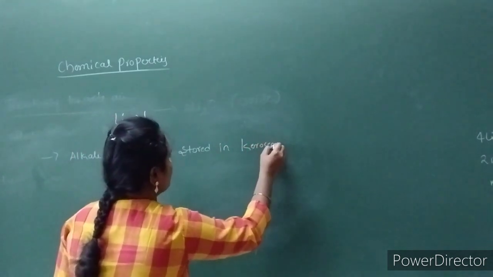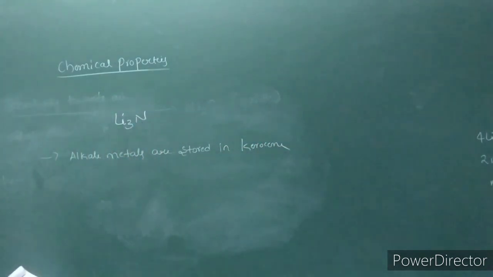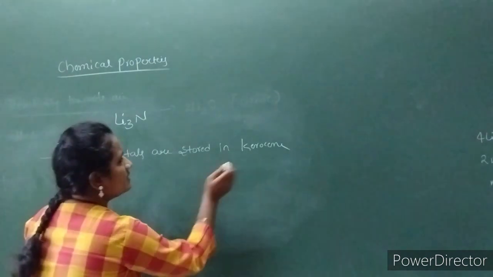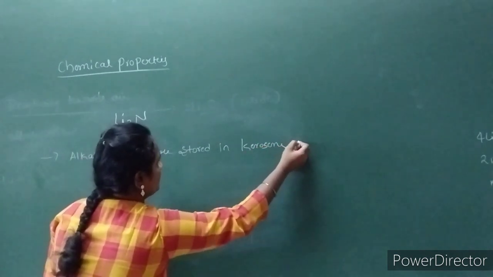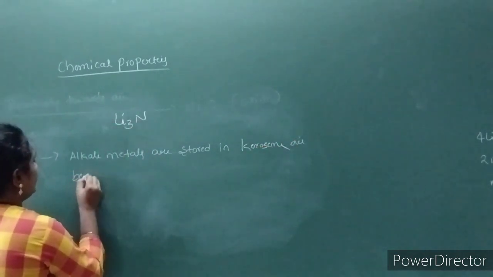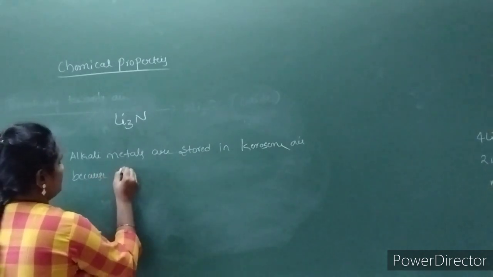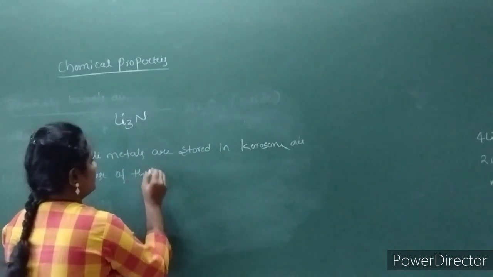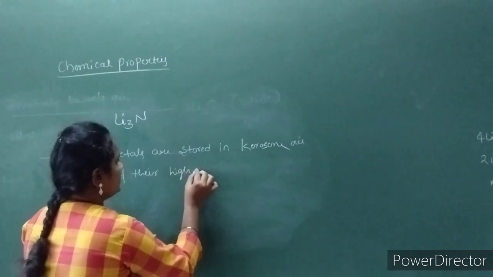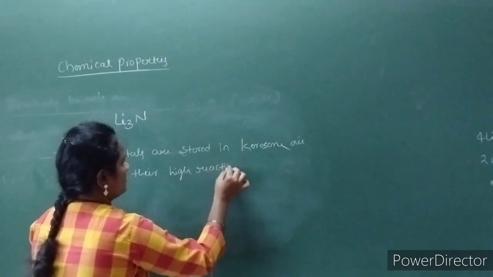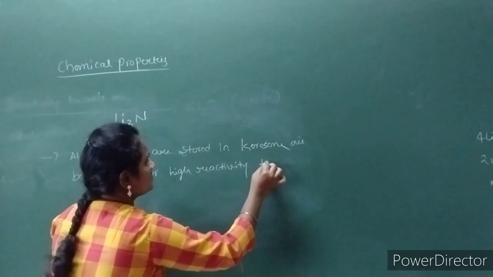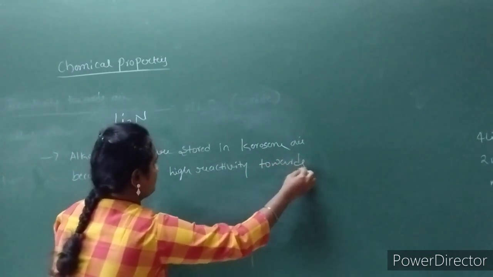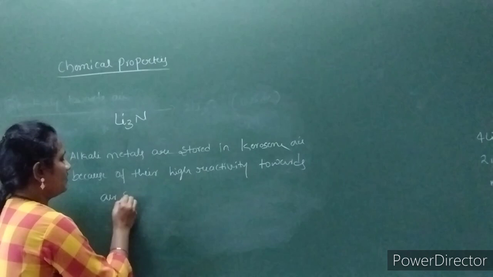We store these alkali metals in kerosene because of their high reactivity towards air and water.